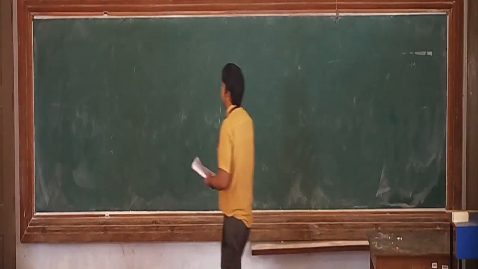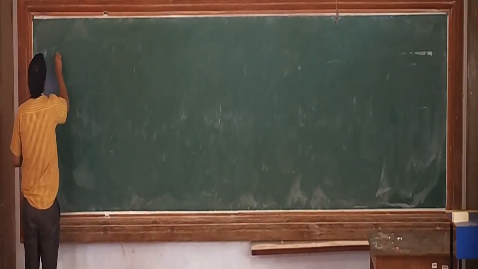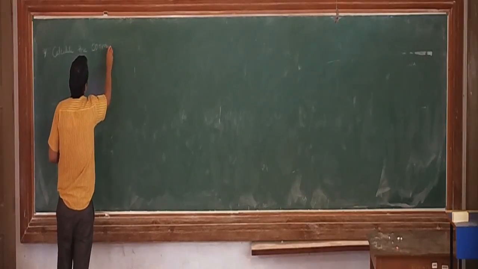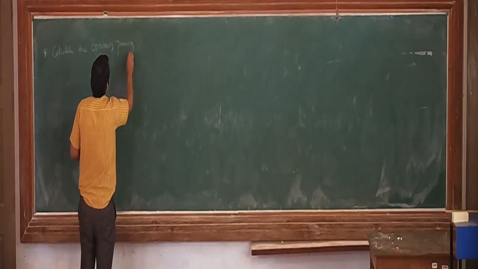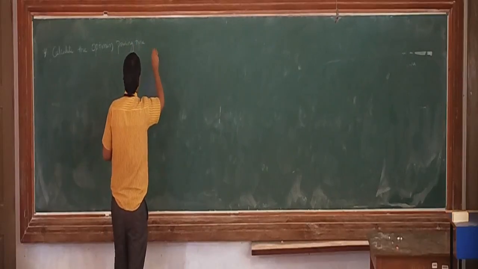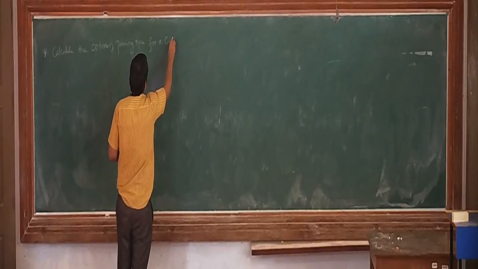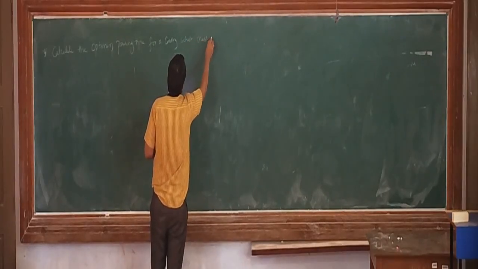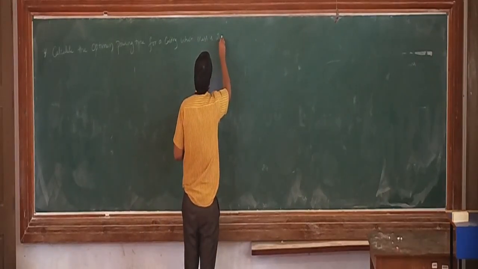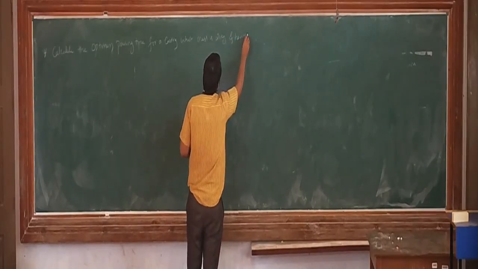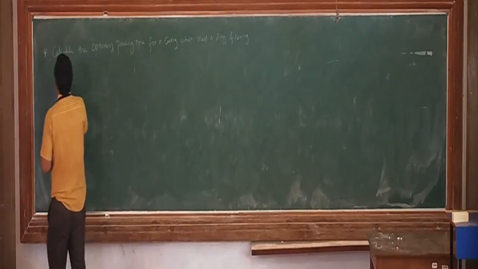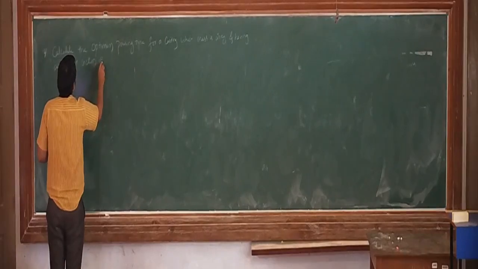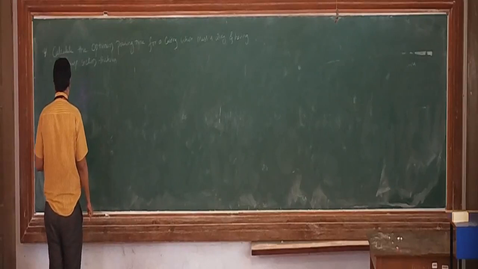Calculate the optimum pouring time for a casting whose mass is 20 kgs and having an average section thickness of 15 millimeters.